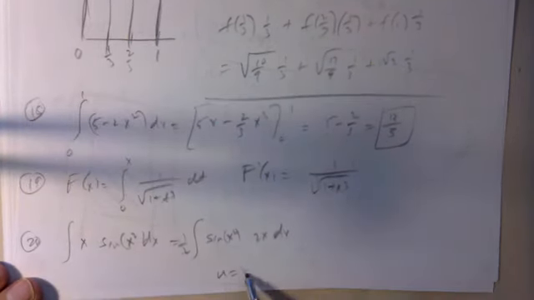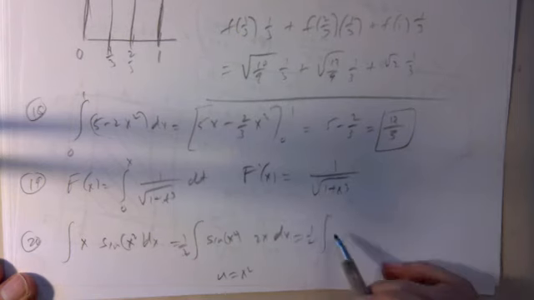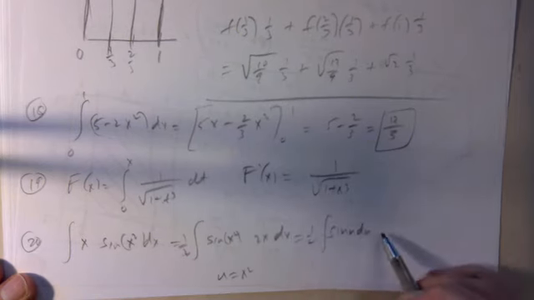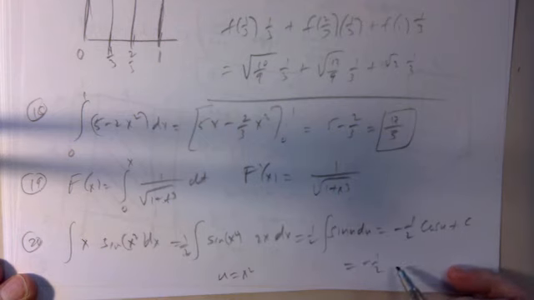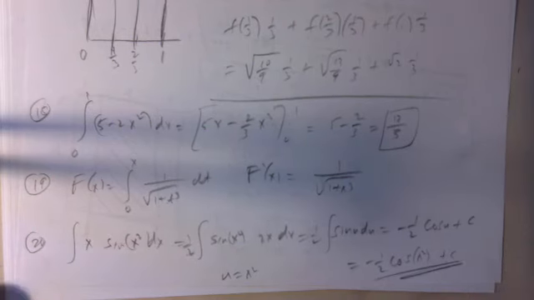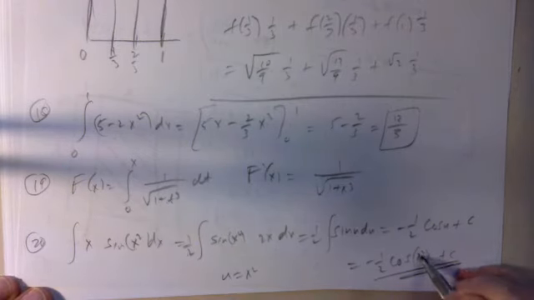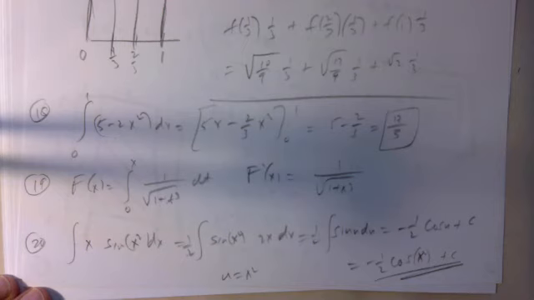And now if I substitute u equal x squared, this is 1/2 the integral of sine of u du, which is minus a half cosine u plus a constant, which is minus a half times the cosine of x squared plus a constant. Okay, any questions about that?